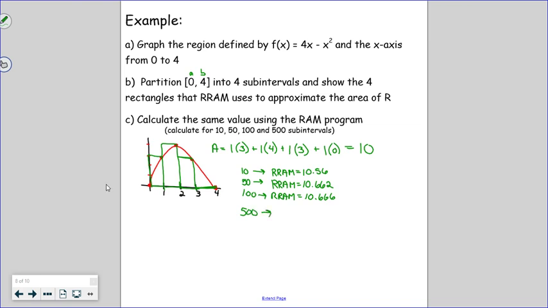And once you type in 500, it's probably going to take a minute to think on it. That's a lot of little rectangles for it to draw in there. But what you're going to notice, and I don't know, hopefully you're paying attention to the other numbers around it.